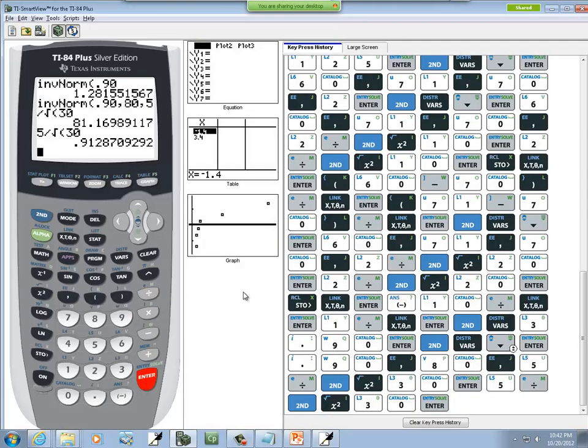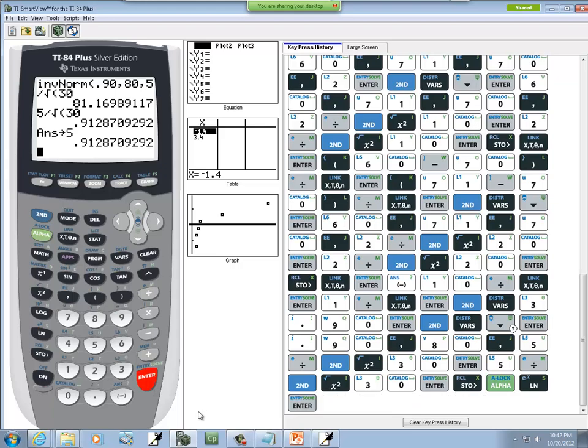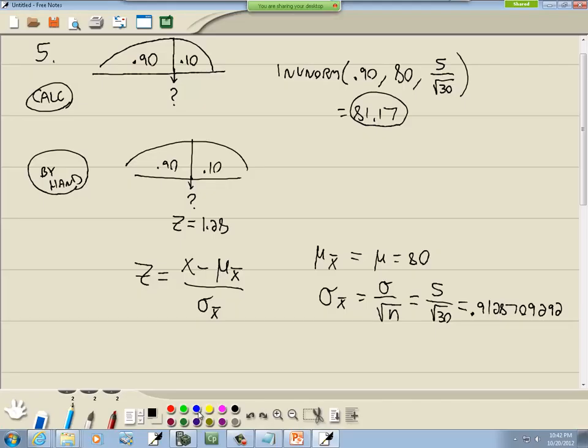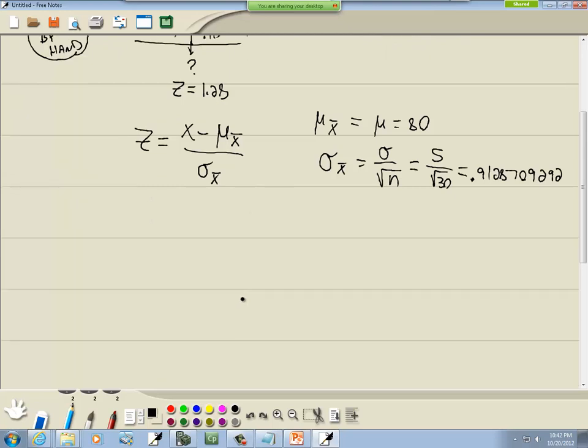Now I'm going to store that off because I don't want to keep entering that. So I'm going to press my store button, and I'll put it in S for sigma. Now S is above the ln, so if I do alpha ln, it'll put S on there. Enter. Okay, that's now an S. So we found our z-score, that's 1.28.